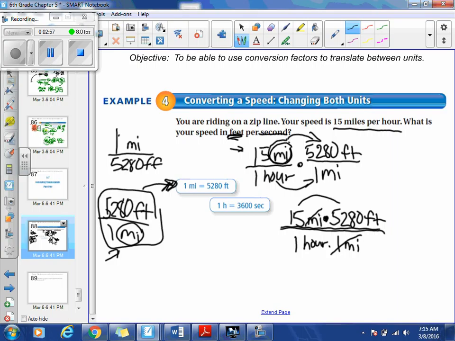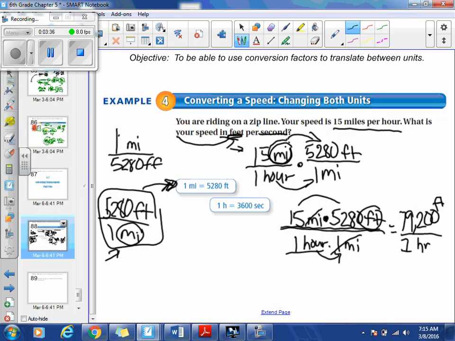So now what we have left is 15 times 5,280, which is going to be a great big number that I hope my calculator can tolerate. 15 times 5,280 gives me, let me just try that again, yep, same answer twice, must be right, 79,200 feet per 1 hour. And if you wanted to do 1 hour times 1, you could. It's still going to be 1 hour. So in 1 hour, that zip line goes 79,200 feet, which is a lot.